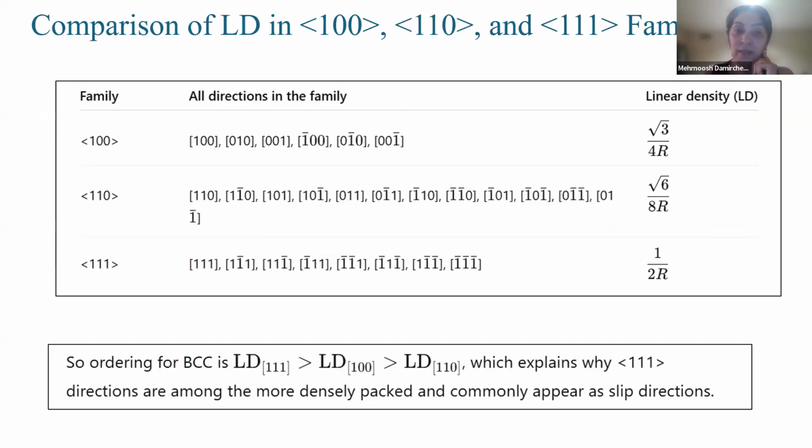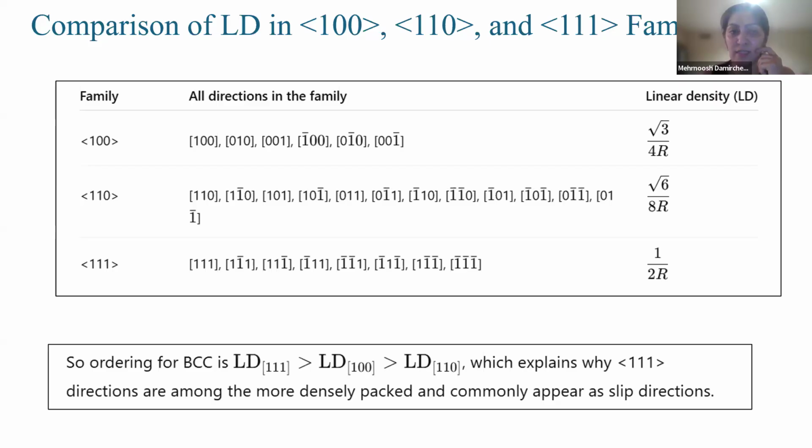Okay, I put in the table the family <1, 0, 0> with different directions of that family. Family <1, 1, 0>, if you remember again, along the face diagonals of each face, and <1, 1, 1>, you see different directions means along the diagonals of the cell. And here you see the linear density.